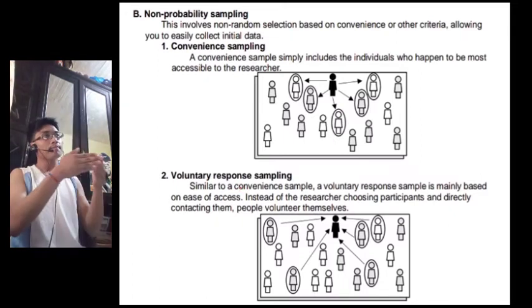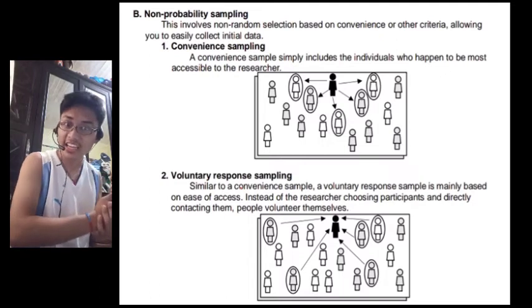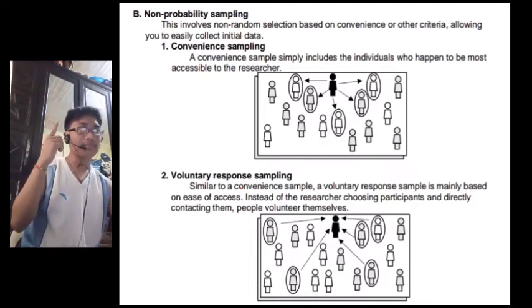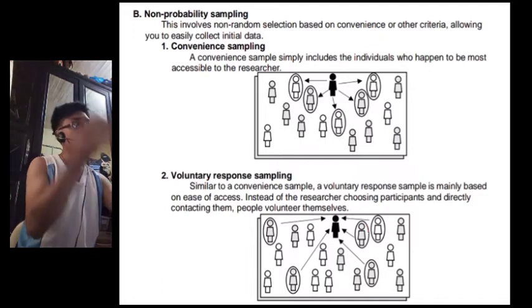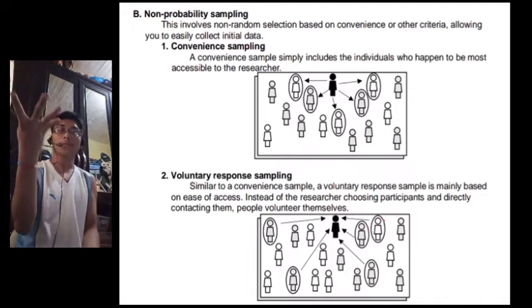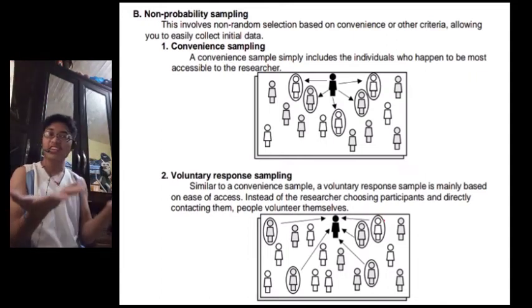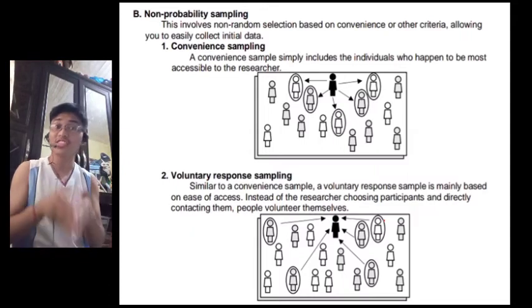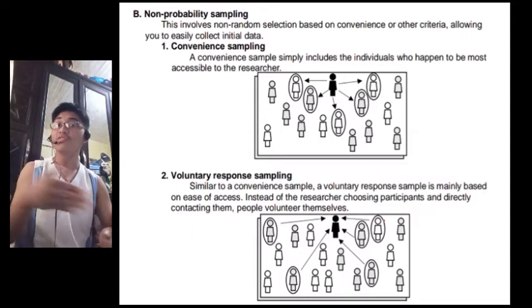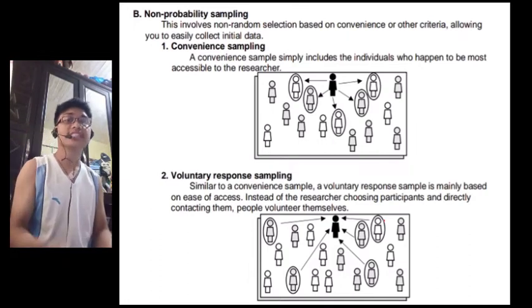Minsan sa rally, you are voluntary to join the rally. Halimbawa, when it comes to BBM, Lenny, Isko, Ping, Pacquiao, or Abella, you are voluntary to join with them. You are voluntary to vote for them. Yun po yung sa response sampling.